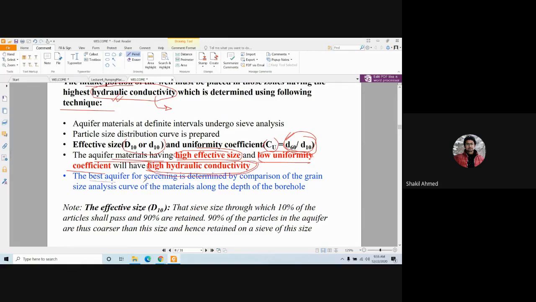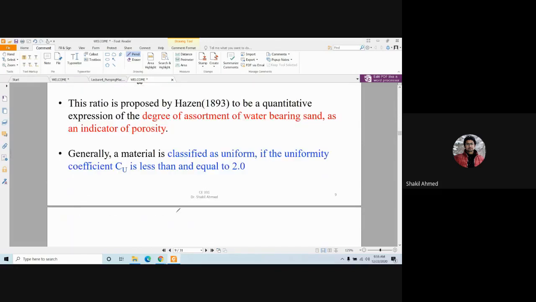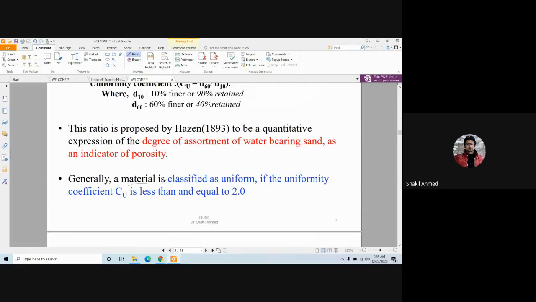And the best aquifer for screening is determined by comparison of the grain size analysis curve of the materials along the depth of the borehole. By the way, generally a material is classified as uniform if the uniformity coefficient Cu is less than or equal to 2.0.